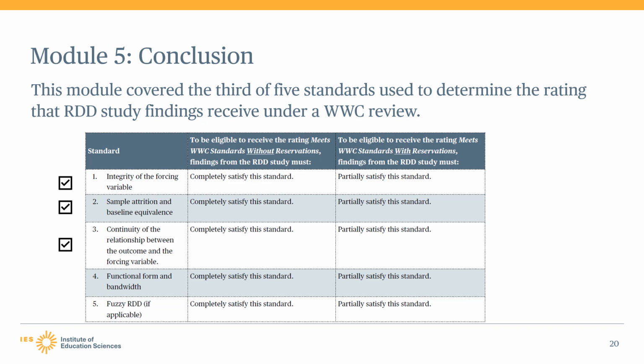A study finding that fails to satisfy this standard, at least partially, will receive a rating of does not meet WWC standards. The next module in the training series will focus on the 4th RDD standard, which outlines requirements for appropriate functional form and bandwidth specification in RDD studies.